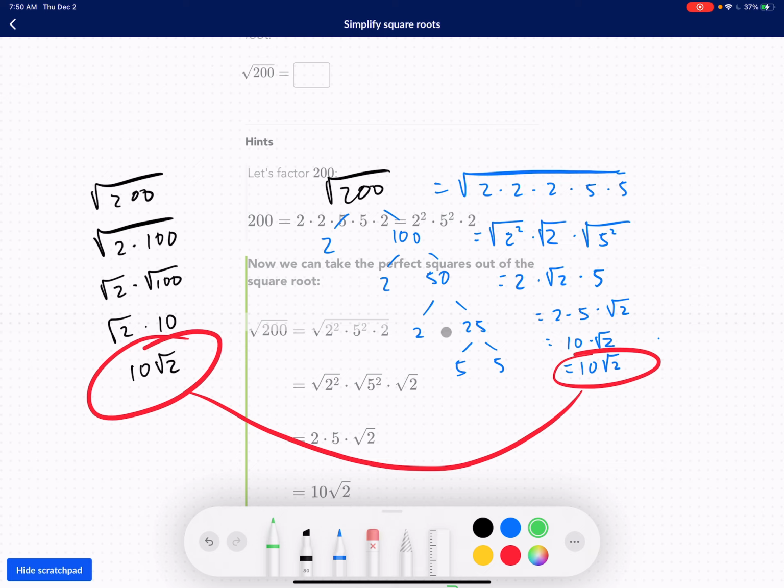So we got square root of 2 squared, square root of 5 squared, and then square root of 2. And then you got 2 times 5, square root of 2. And then we did the whole multiplication here, and we got 10 square root of 2.